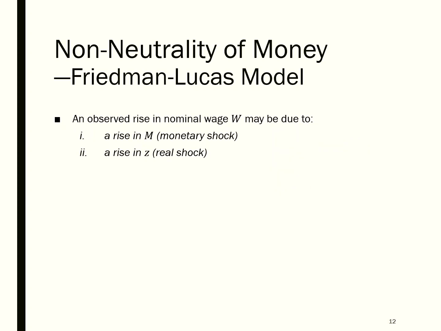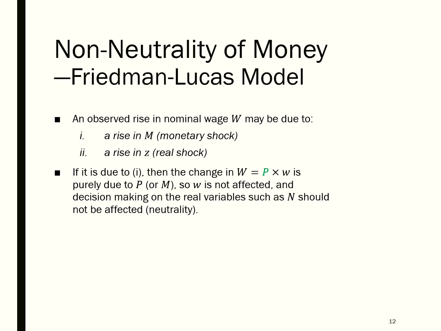So in the Friedman-Lucas model, there are two possibilities when there is a rise in the nominal wage, big W. One possibility is because of the rise in money, or due to the nominal shock. The second possibility is due to a rise in Z, or productivity, which is a real shock.